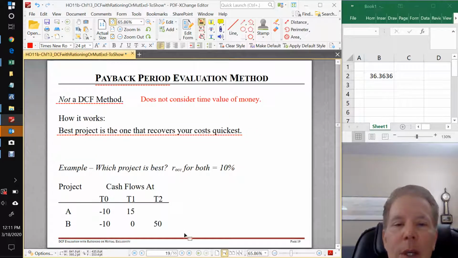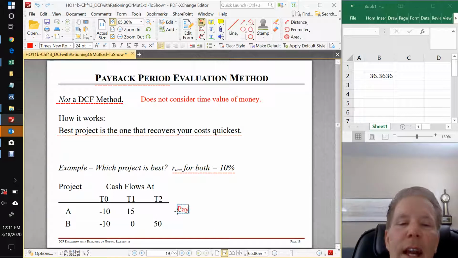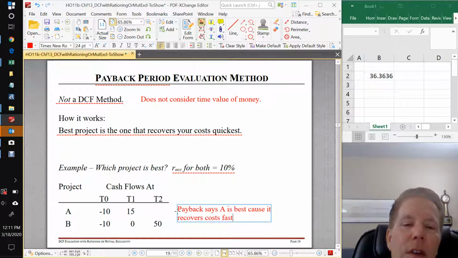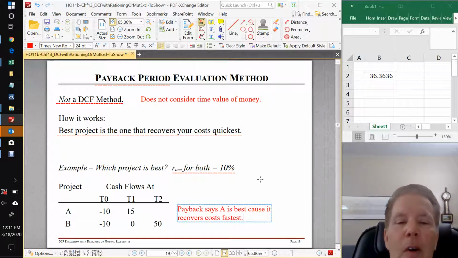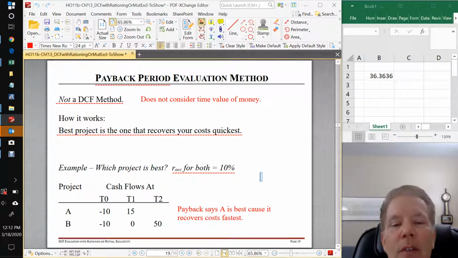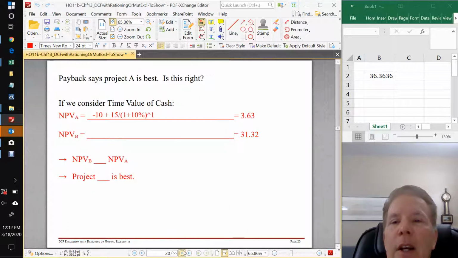Let's see, yeah, the opportunity cost of capital is 10% for both. So the payback method doesn't even need that. It just looks at these two and says that A is best because it's recovering our cost fastest. Okay, so that's the rule for the payback method.